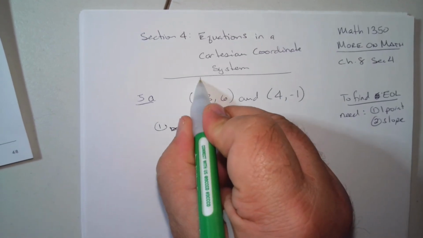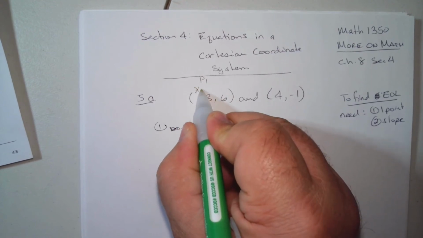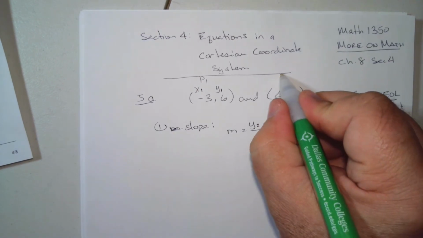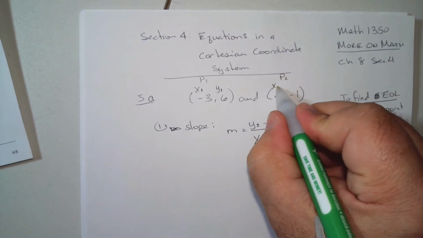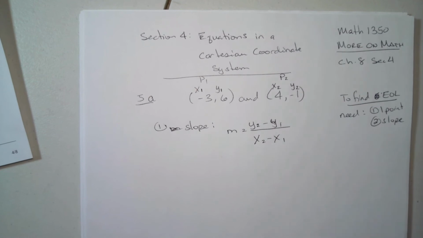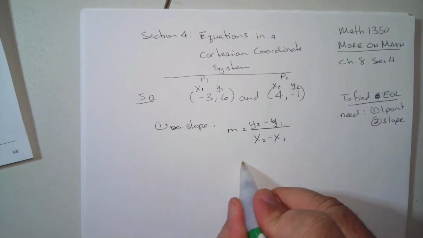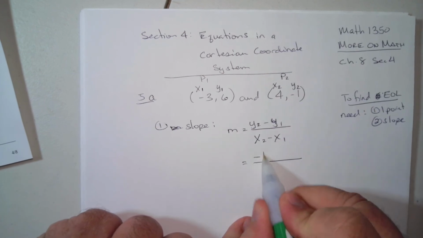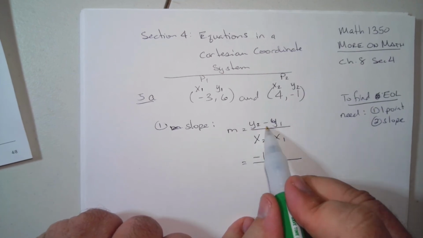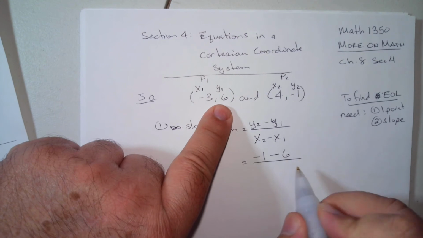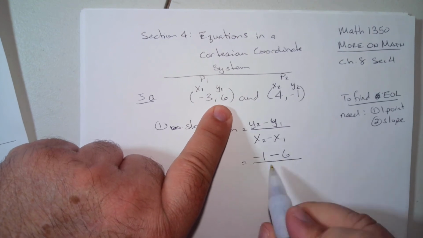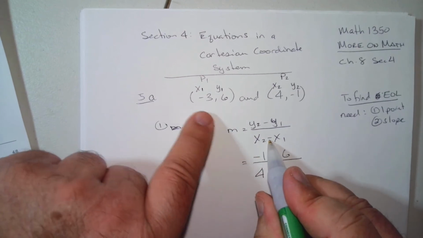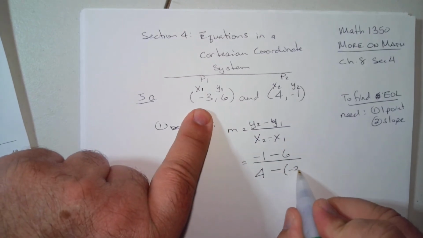This is point 1, so this is the x value of point 1, the y value of point 1. This is the second point, so this is the x value of point 2 and the y value of point 2. So y2 is negative 1 minus 6, that's y1. x2 is 4 minus negative 3.